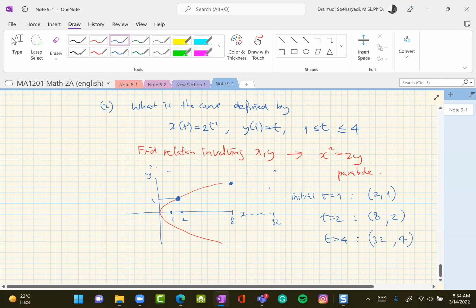Okay, so it turns out that the curve is this one here, going that direction. So this is the curve. This is not the whole parabola, but it's only part of this parabola.